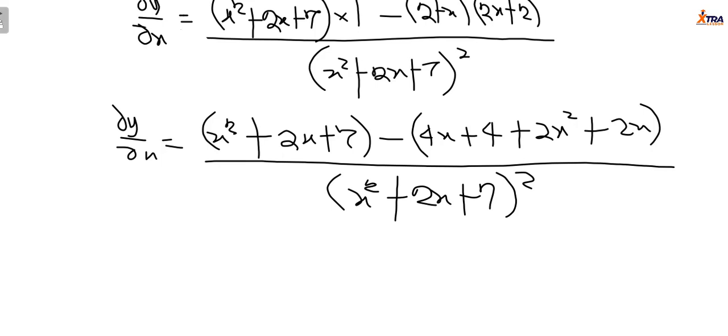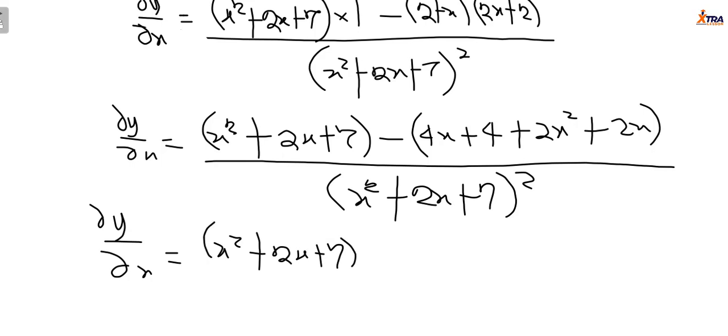So we have dy over dx equals x squared plus 2x plus 7 in brackets, minus brackets 4x.